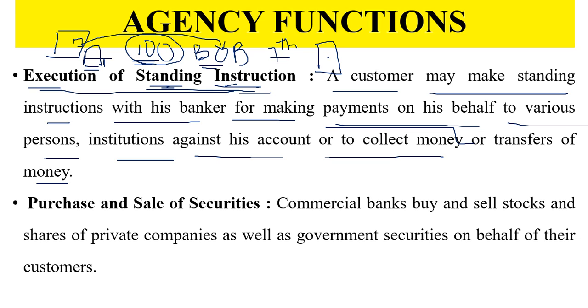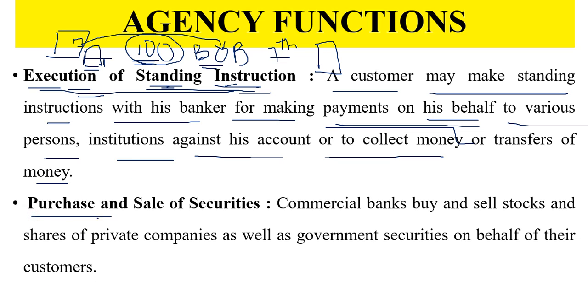So the bank will give instructions to that particular person and they will deduct the money, or in short the people will give the check to Bank of Baroda and it will be cleared. So the bank is acting as an agent, meaning it is acting on standing instructions on behalf of its customers.